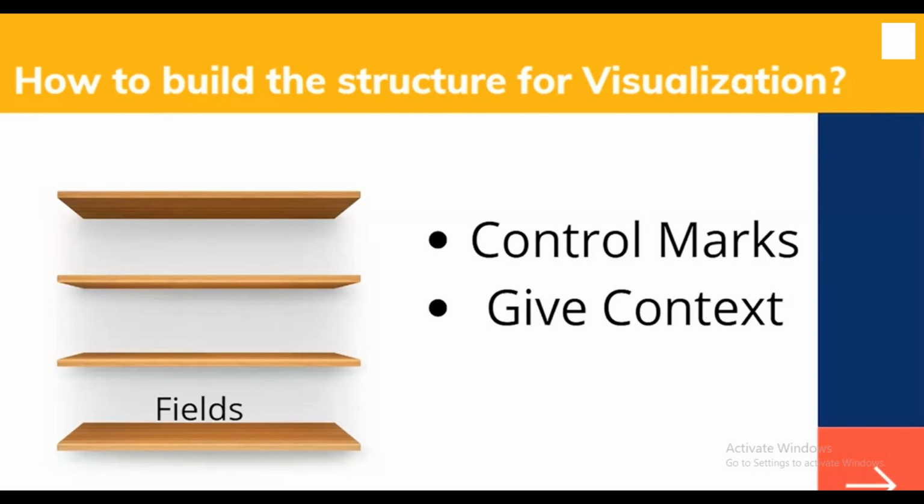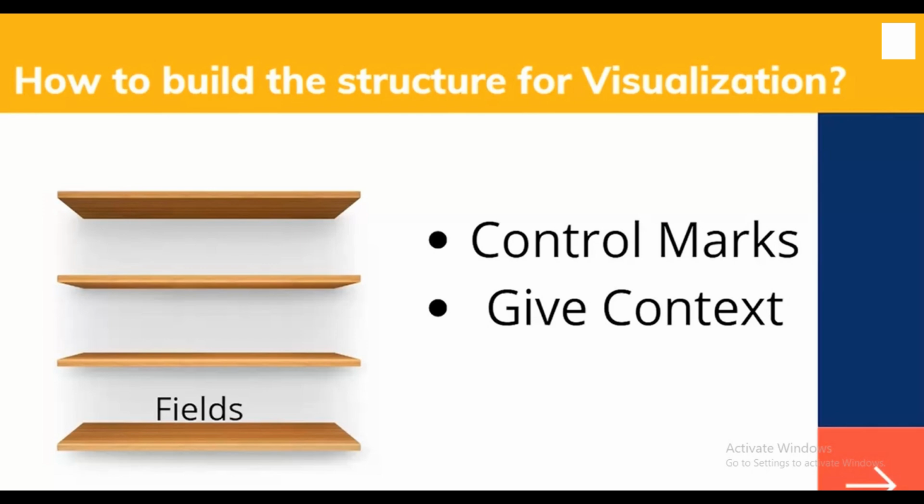You can also include or exclude data, and see whether inclusion or exclusion of data has an impact on the marks. All of these things can be done with the structure, and you can also add more detail.